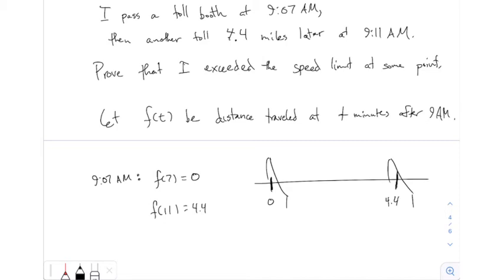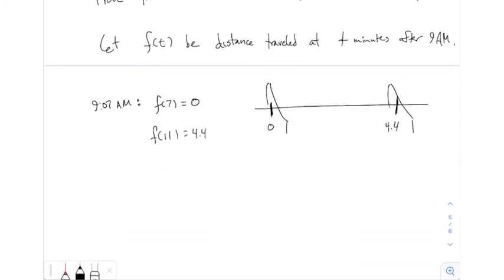Since I have two values of the function, we have a setup where I can use the mean value theorem. All you need is the f of b and the f of a, and that's what I can use for these two points here. So I'm going to use the mean value theorem on the interval a to b, in this case 7 to 11, right? Those are my two endpoints, the times at the two endpoints.